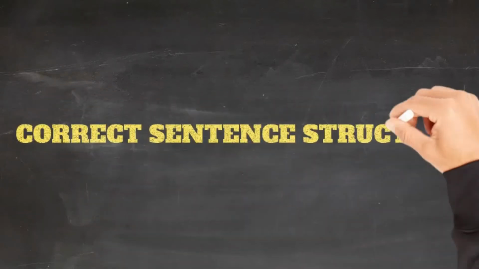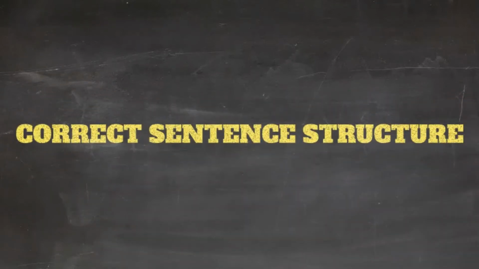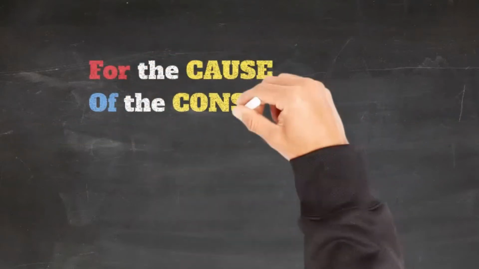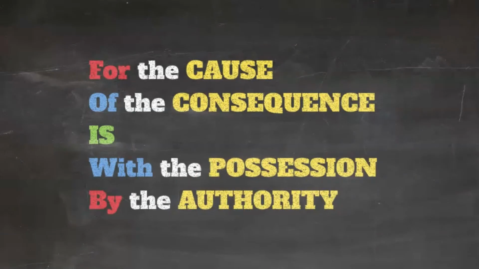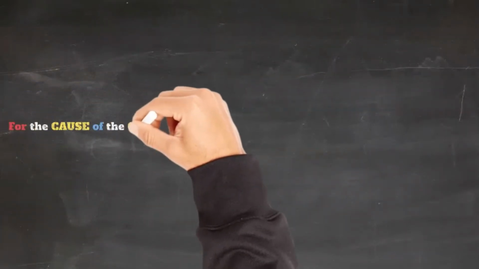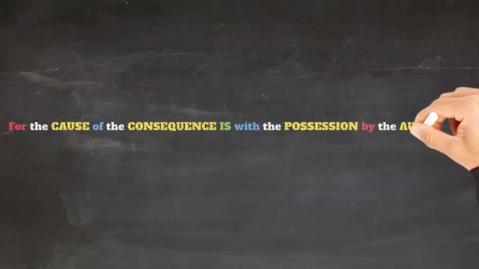So, these things in a correct sentence structure will look like this. For the cause, of the consequence, is, with the possession, by the authority. Taken from this grid format and written from left to right: for the cause of the consequence is with the possession by the authority.